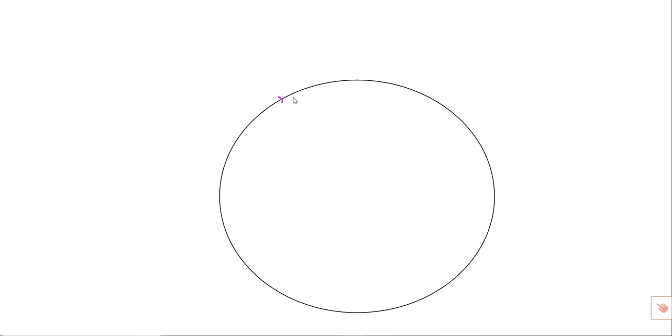Okay, what you are then going to do is put your compass point on the point that you've just drawn, and use it to make another mark on the circle. Then move the point to that mark, and keep going until you've done all the way around the circle.